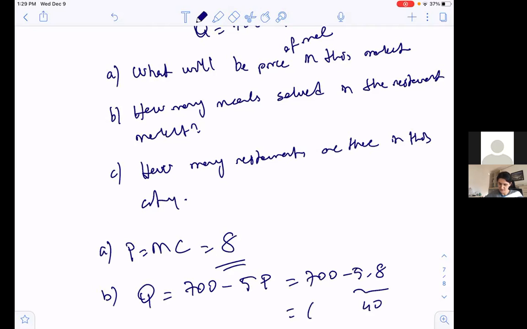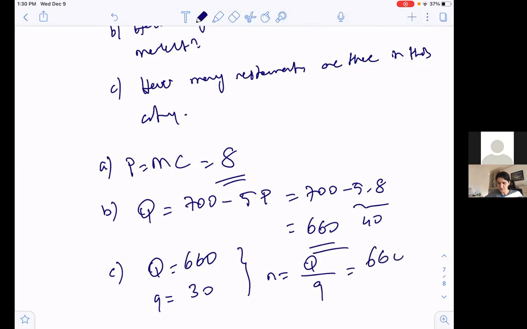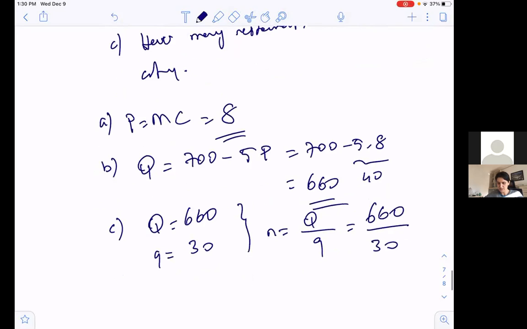This is 40, so it is 660. To find the number of restaurants, big Q is 660, and we know how many meals each restaurant is serving, which is 30. N will be big Q divided by small q. 660 divided by 30, there will be 22 restaurants. That's all.